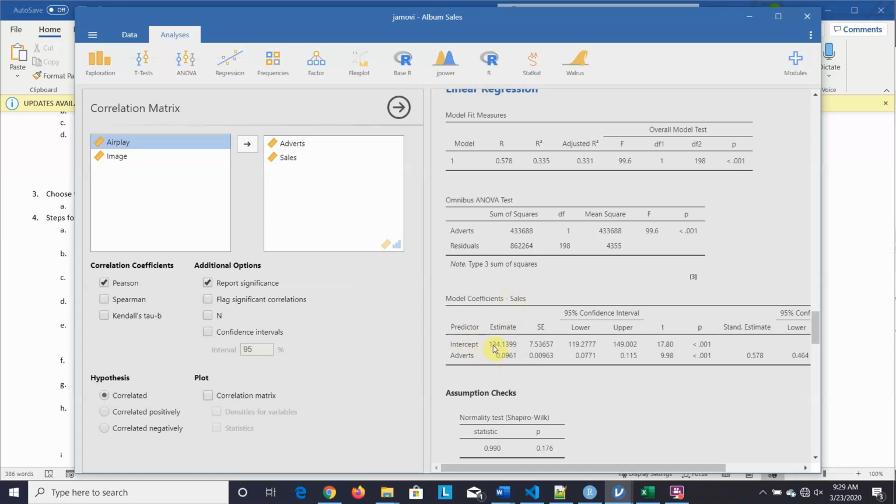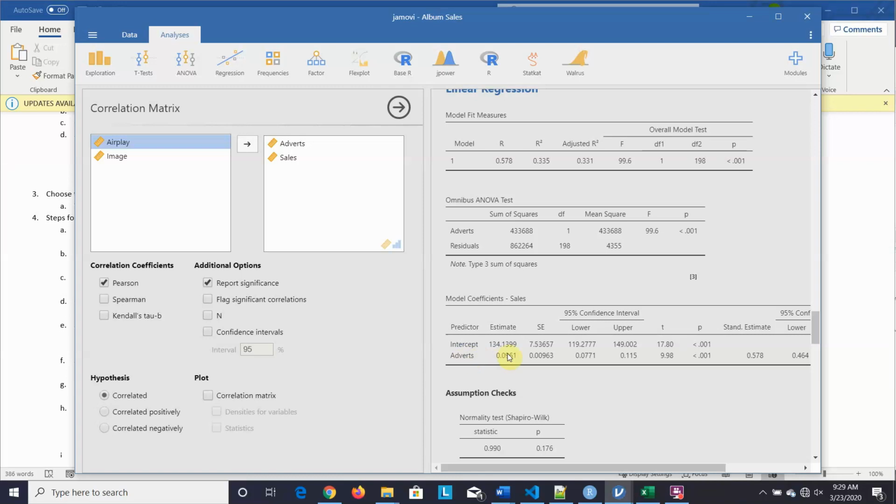So what that means is you would start at 134.14, and then whatever your advertising amount was, so say it was 100,000, then you would multiply this number by your 100 and add that to this estimate, and that would let you predict what your sales are going to be from any amount of advertising budget.